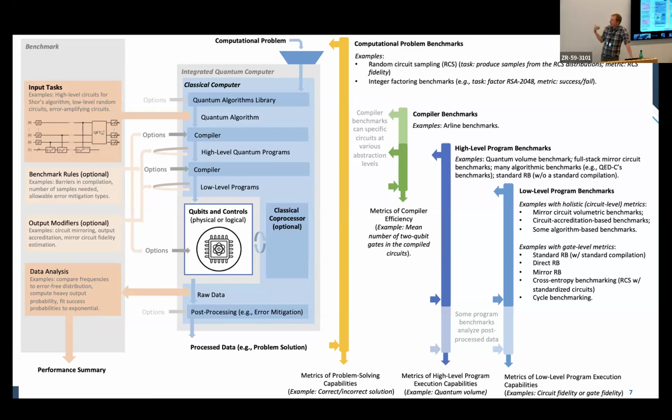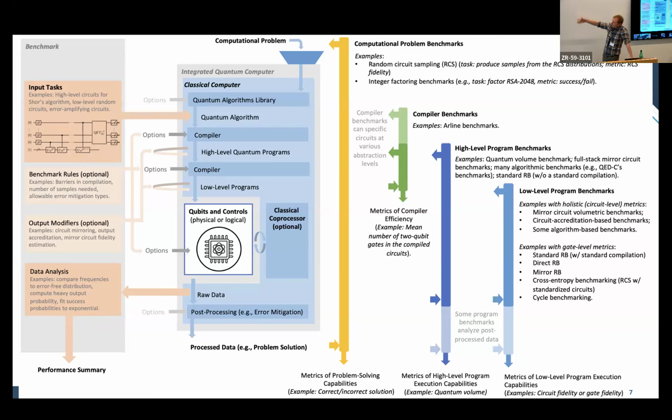There may be a classical coprocessor, which could be a very large supercomputer in itself, that's processing error correction data as it's coming off, or processing other kinds of mid-circuit measurements, or in the case of VQE, processing data and then turning it into changes to some parameters. And then out comes raw data. Maybe that has to get analyzed.